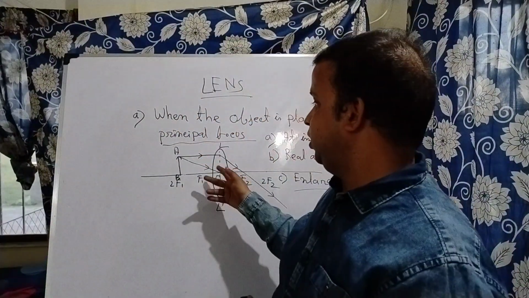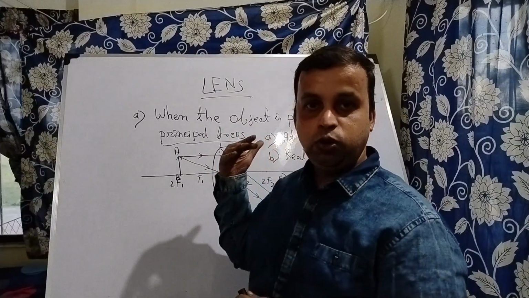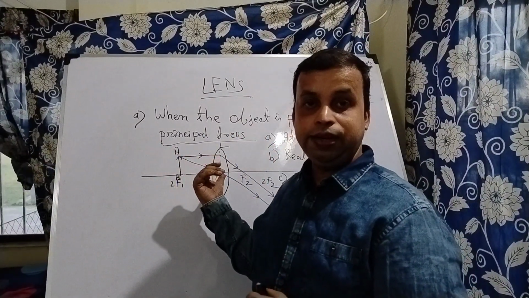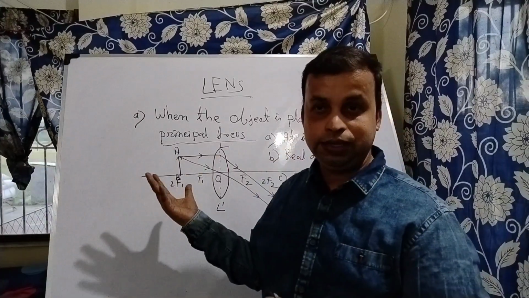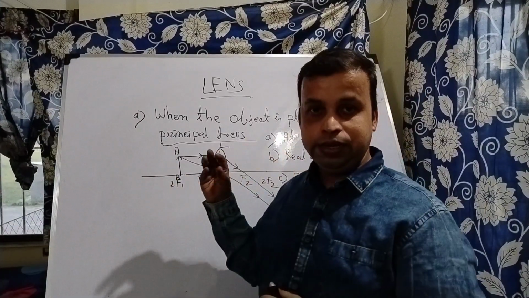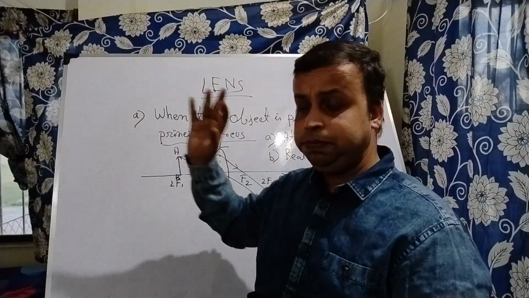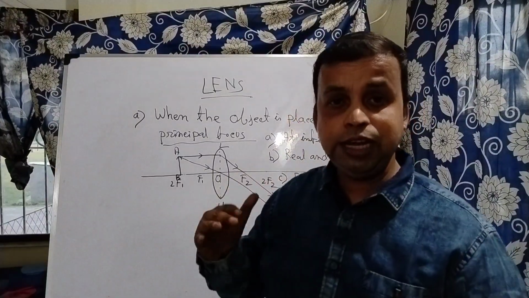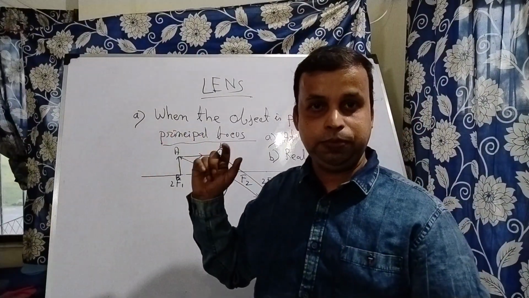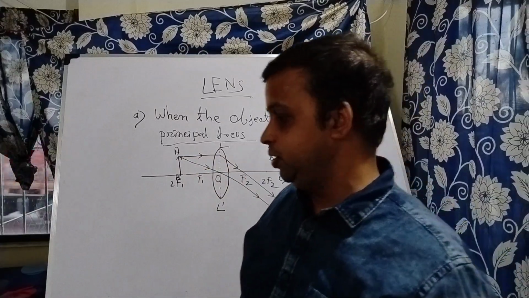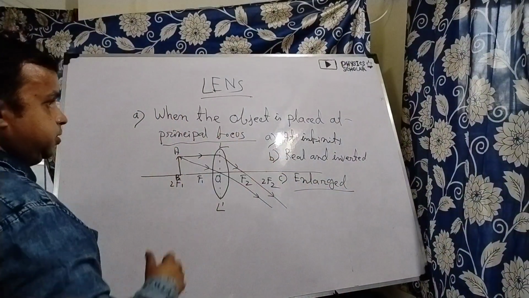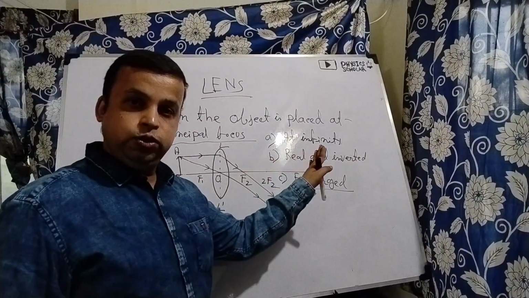So the image of the object AB will be formed at infinity, real and inverted, and the size of the image will be bigger than the size of the object. I hope this is very easy and you have understood.